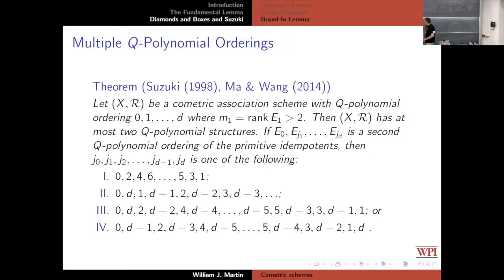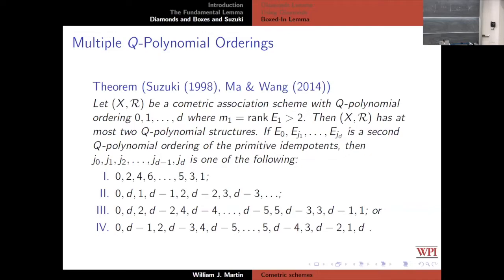So Suzuki, with help from Mon to eliminate one struggling case, said if I have a Q-polynomial ordering 0, 1, 2, 3, and so on, and there's a second Q-polynomial ordering, and I'm not on a polygon where things are weird, then either the second Q-polynomial ordering is 0, 2, 4, 6, etc., and ends at 1, or it starts at D, goes to 1, goes back up to D, down to 2, and so on.